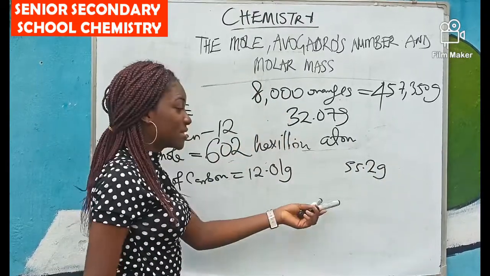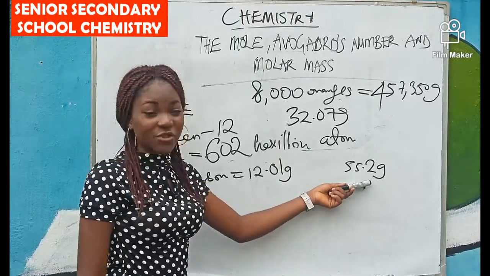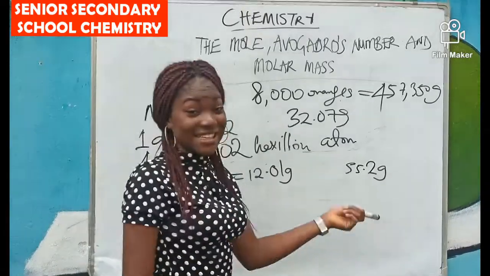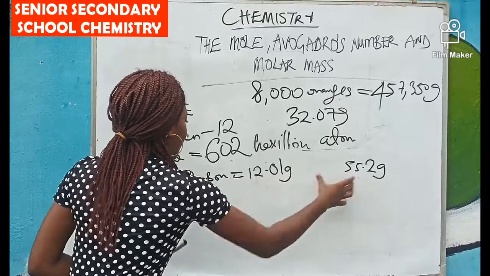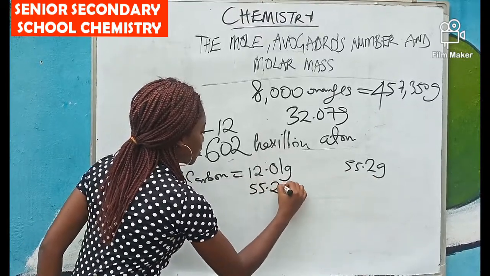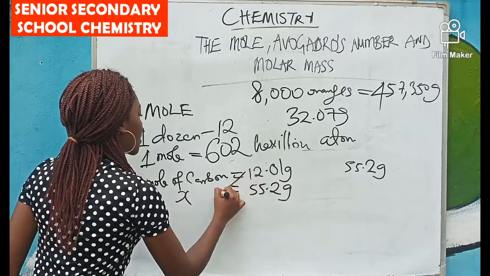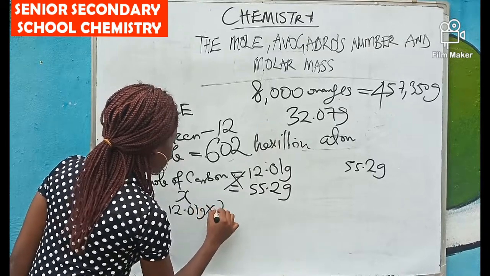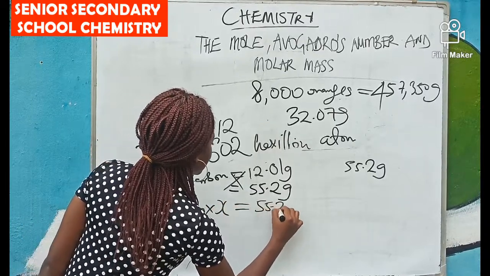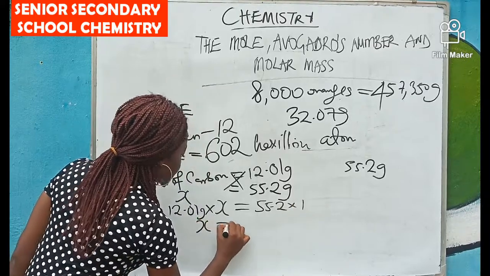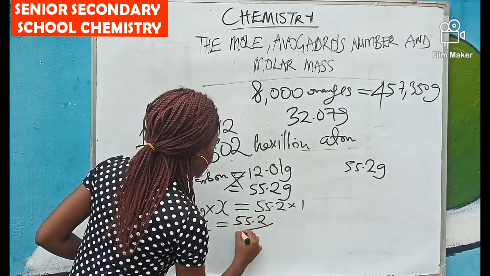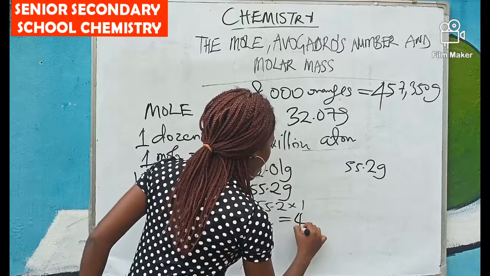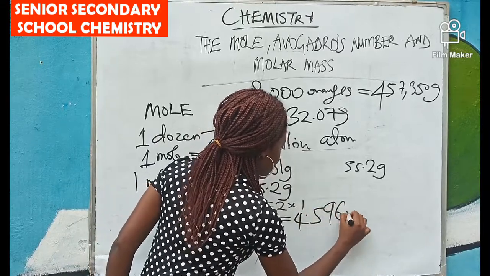If we want to find how many moles of carbon are in that container, we cross multiply: 12.01 gram times x equals 55.2 times 1. So x is equal to 4.596 mole.